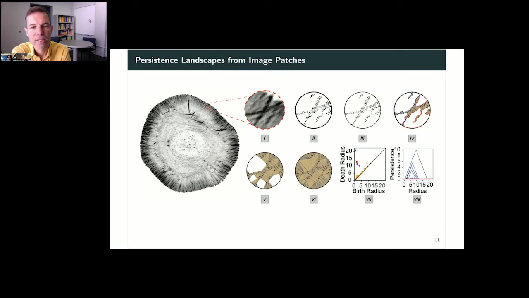And these are grayscale images, and we convert them into a collection of points by sampling the patch, sampling the highest intensity pixels, giving us a point cloud. And now again, homology, the thing that it's particularly good at is detecting cycles.